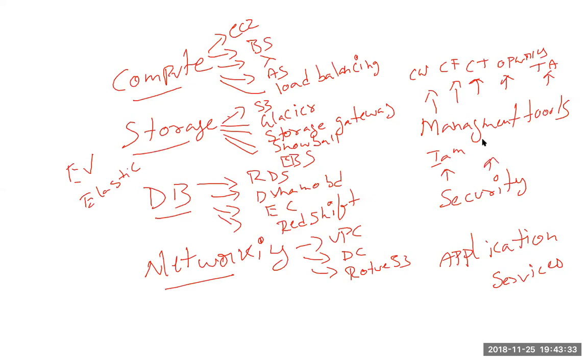That is basically to create virtual users. I have another security service called KMS. KMS is basically for encryption of your data which is there on the cloud. We have some other application services, basically three services: SES, which is called Simple Email Service, SNS, which is called Simple Notification Service, and SQS, which is called Simple Queuing Service. So anything E is elastic, anything S is simple on Amazon.